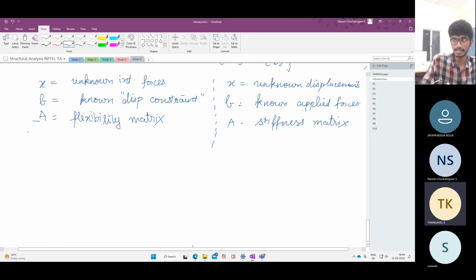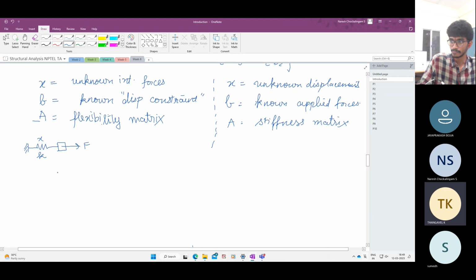For example, if you take a small spring, suppose you have some mass and you're applying some force F, this is x, this is k. Now if you have to solve for the unknown x, how do you do it?